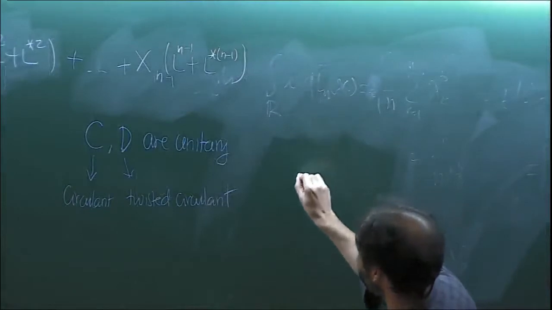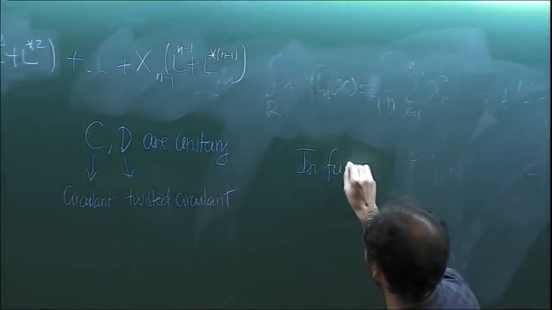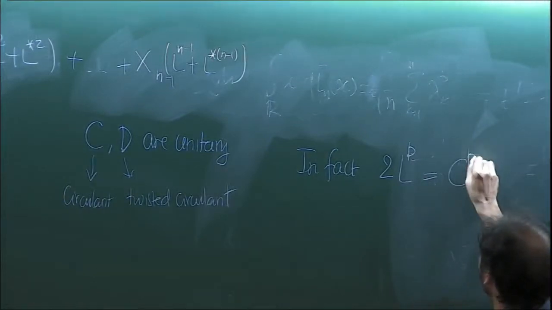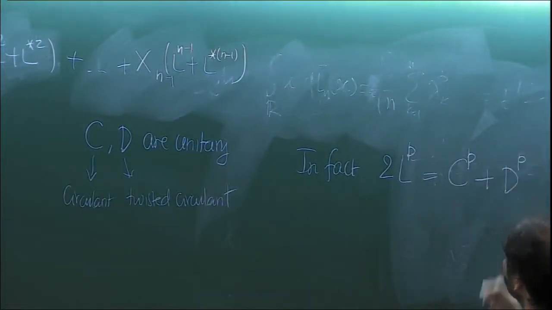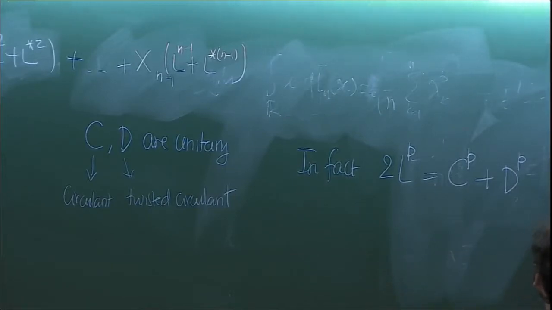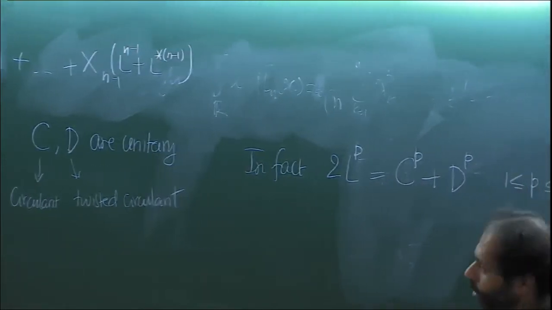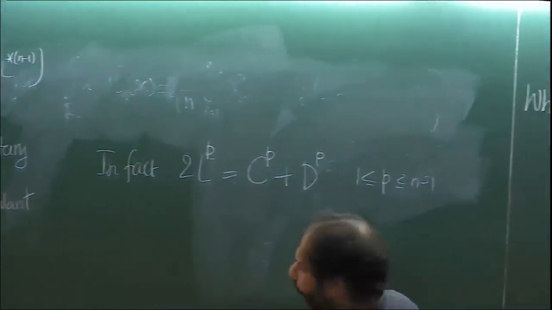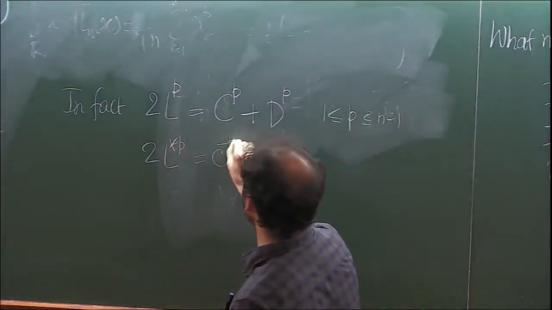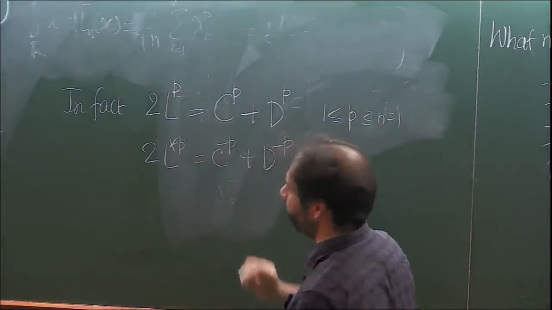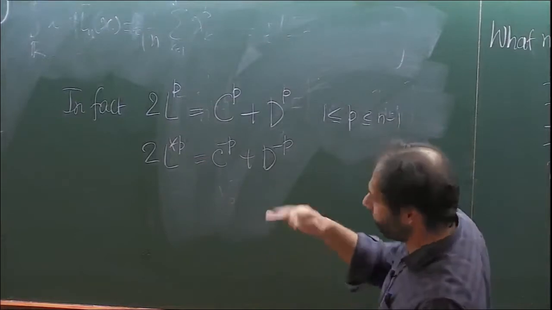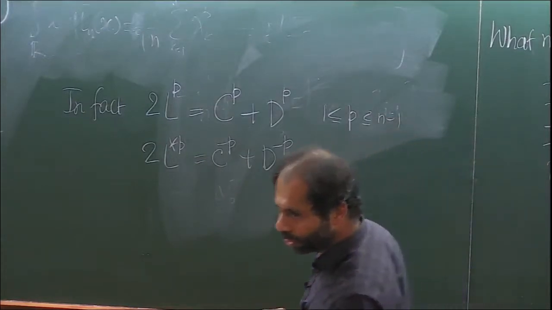So in fact, 2 times L to the power P will be C to the power P plus D to the power P. If you raise it to a power P, at least for P less than or equal to N minus 1. Okay? And also 2 times L star to the power P is C to the minus P plus D to the minus P. L star is, because C star is C inverse, C and D are unitary.